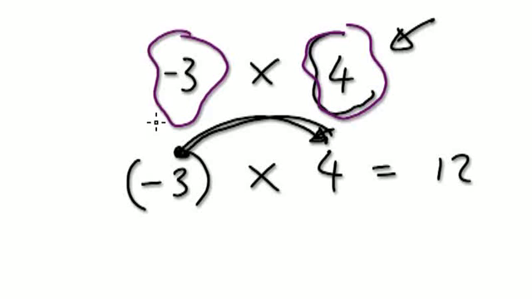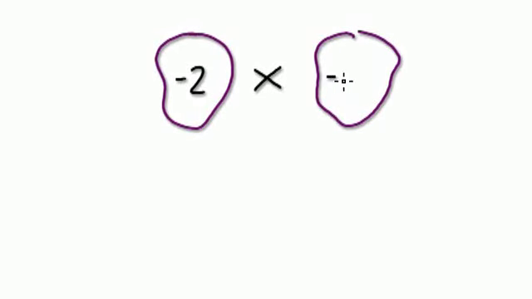Now you look at the sign. If there's one negative, then it's going to be a negative. If there are two negatives, so like if I were to give you one number times another number, what is, let's say, negative 2 times negative 5?